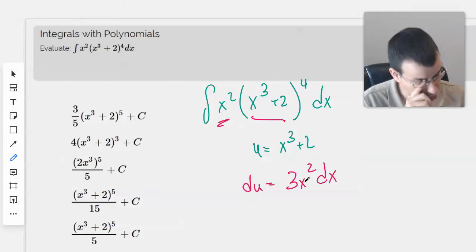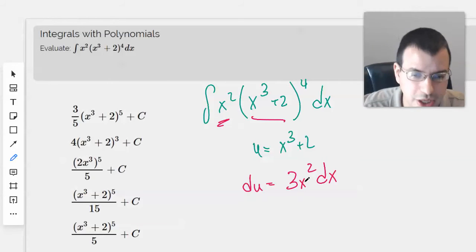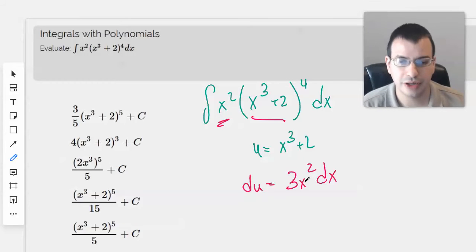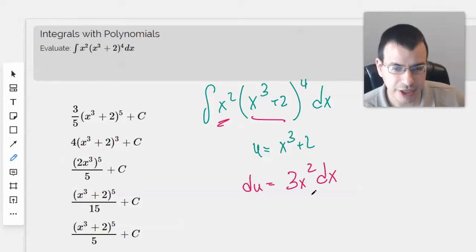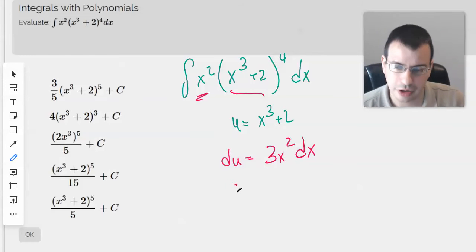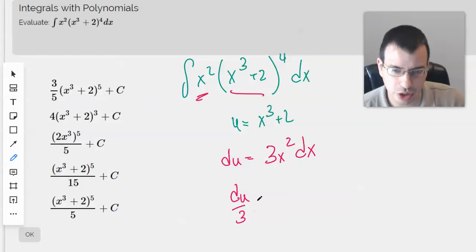So we say that u equals x cubed plus 2, and du will equal 3x squared dx. Now a lot of people stop from here. I like to take this one step further and write du over 3 equals x squared dx.